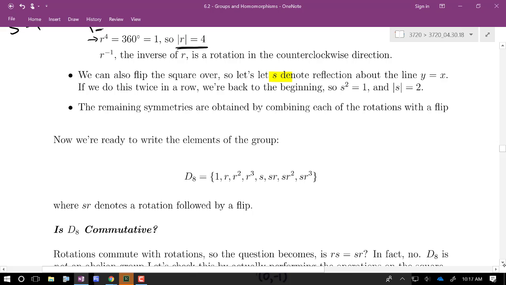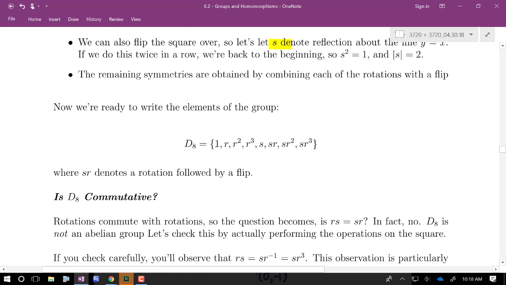So right now we have ways to denote the 4 rotations and a single flip. That's 5 elements. But the other elements we obtain by composing them with each other. So if we list out the elements, we have 1, and then we have all these rotations. There's our flip, so those are the 5 elements we have so far. But then we get all the other elements by combining the flip with rotations.